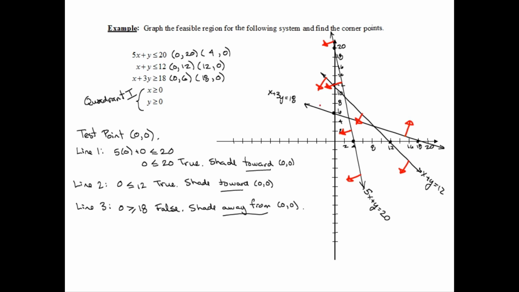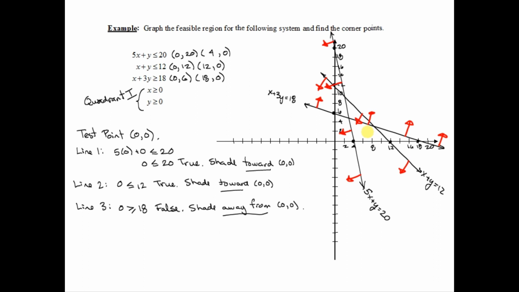So this one gets shaded away from (0, 0). Okay, and so now you need to figure out which area satisfies all of your inequalities. Sometimes you can do it just by thinking of one and asking yourself if it works. Like if I look at this area, this satisfies one of my inequalities.